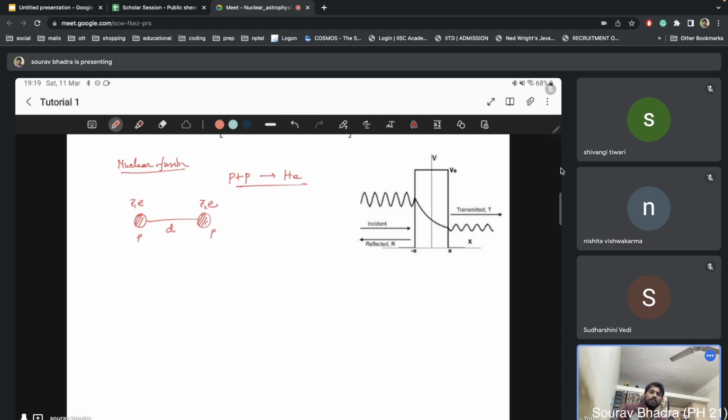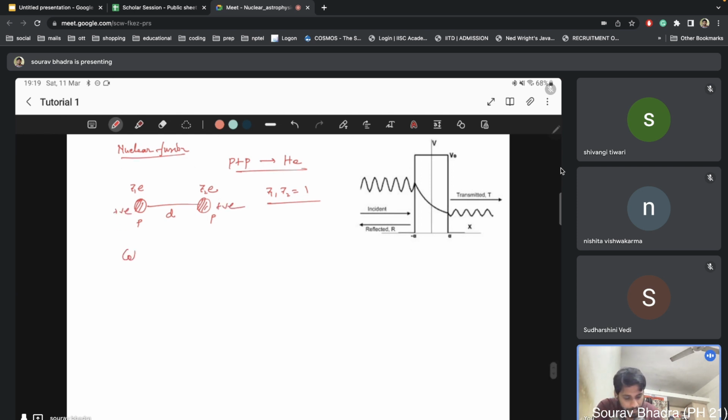If instead of a proton there is another element, you can just substitute the Z number according to that element. For our case Z1 and Z2 are 1, no problem. Now these two positively charged protons at a distance d will feel the Coulomb repulsion.